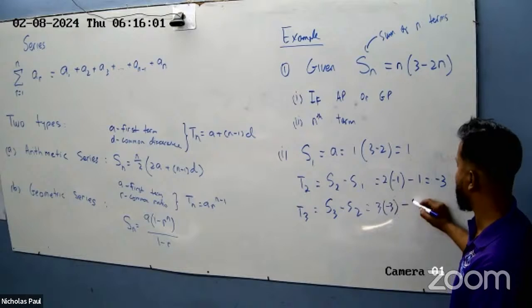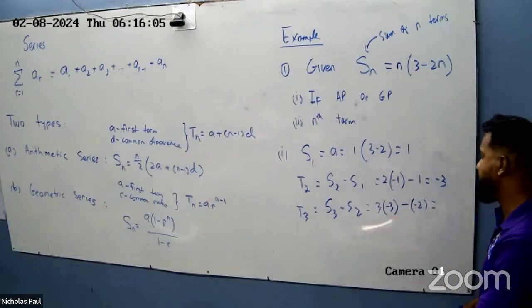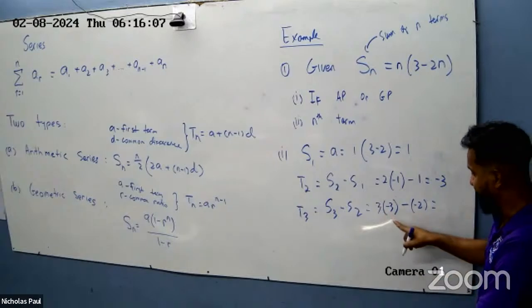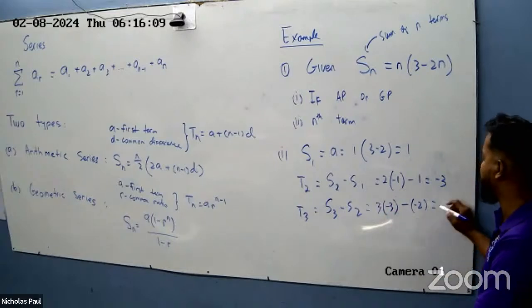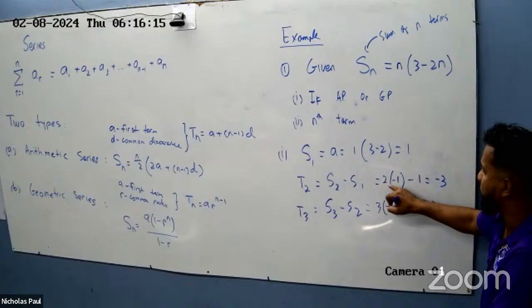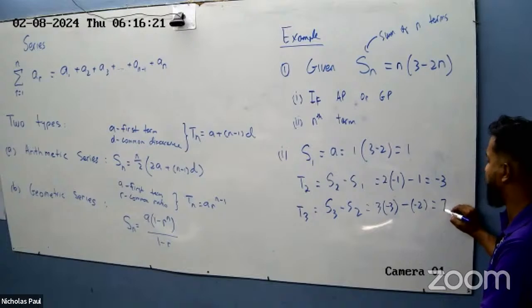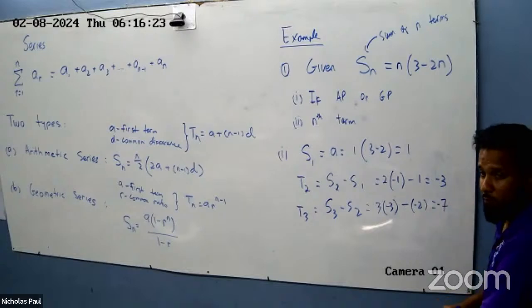S2 was minus 2. So I got 9 minus 9 plus 4. No, S2. S2 was here, so that's minus 9 plus 2, minus 7.